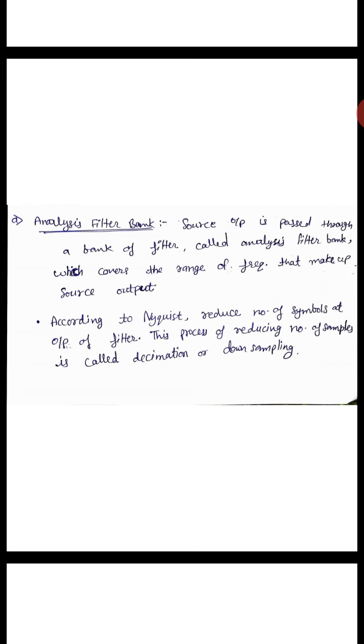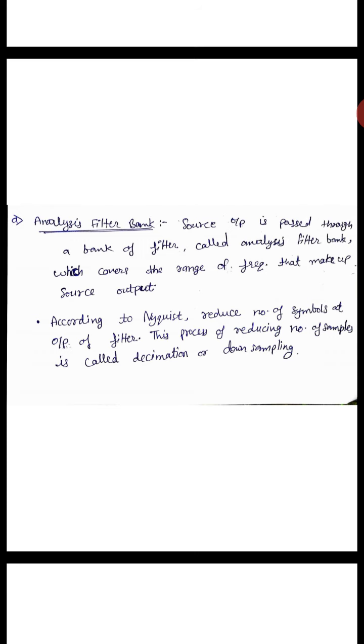The outputs of the filters are then subsampled, or we can say decimated, according to the Nyquist rate. According to the Nyquist rate, we can reduce the number of samples at the output of the filter, because the range of frequencies at the output of the filter is shorter than the range of frequencies at the input to the filter.